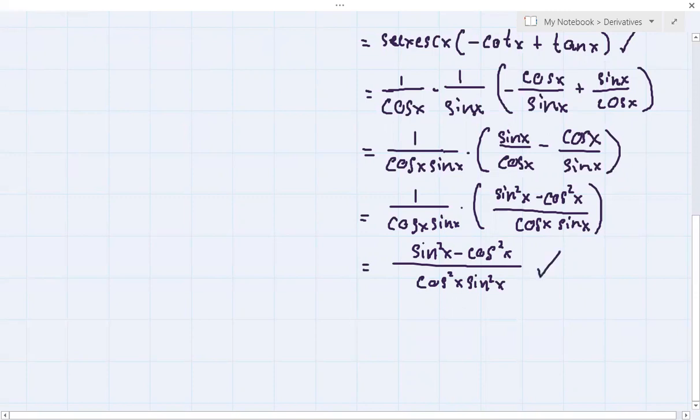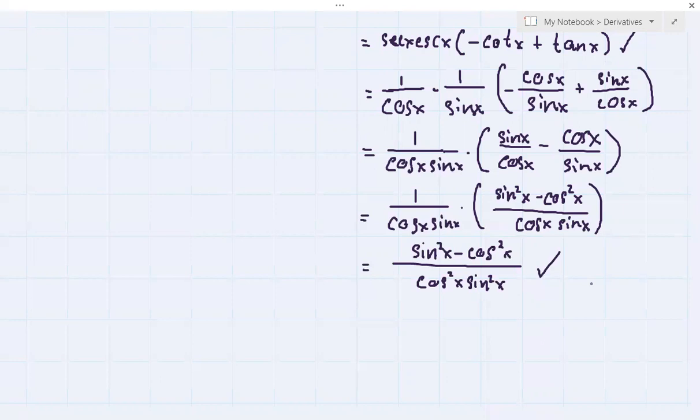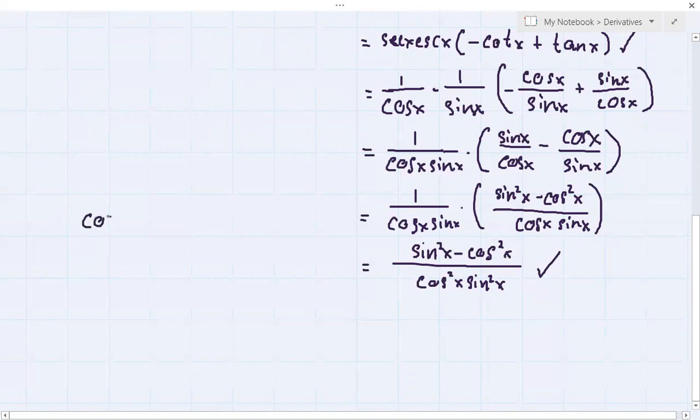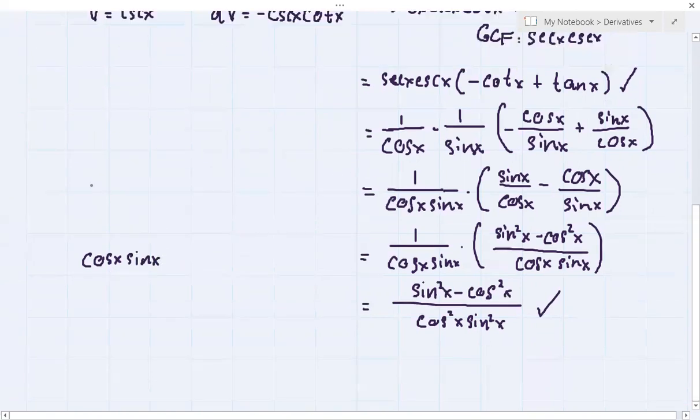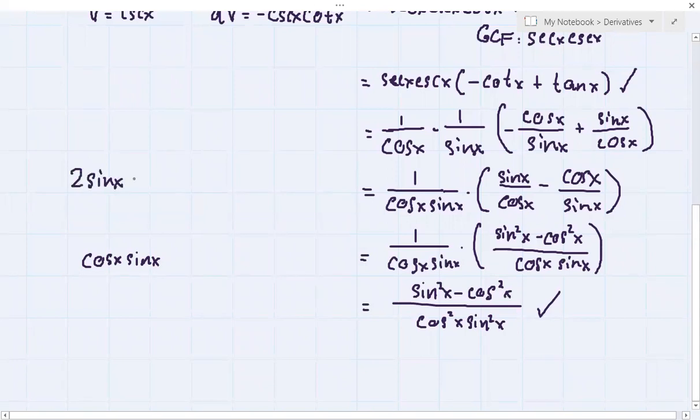So, therefore, we can leave this as our final answer. That's fine, or actually, we can simplify it further. Cosine x times sine x seems familiar. We have 2 times sine x times cosine x equal to the sine of 2x.